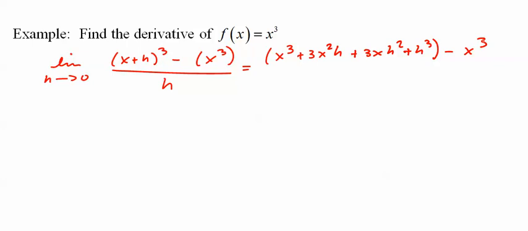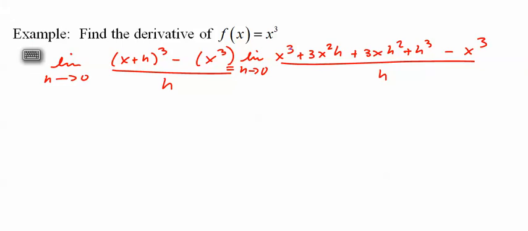I don't need these parentheses anymore. But one of the things I often forget is to rewrite my limit. If you look at this, you'll notice you can cancel these. And then if you look again, you'll notice I can cancel this h, this h, this h, this h.